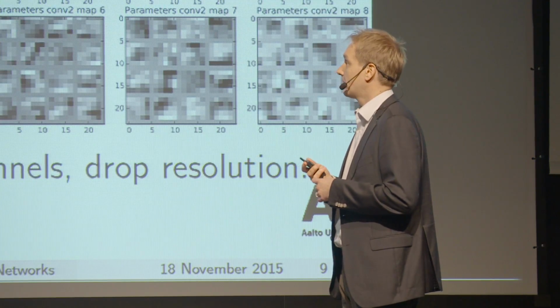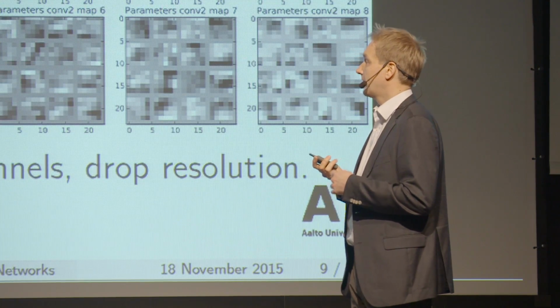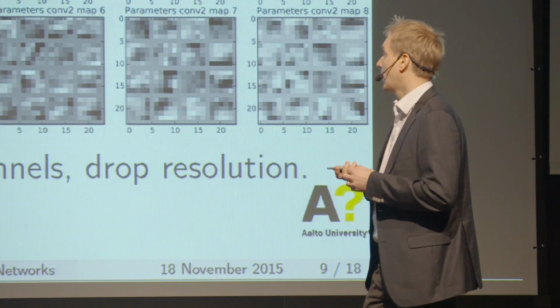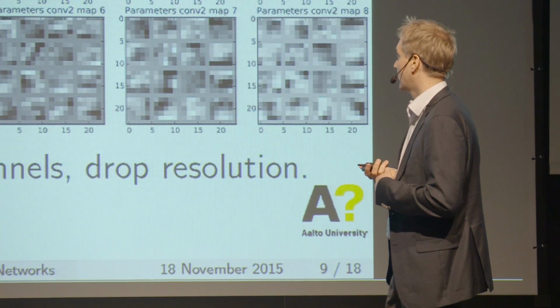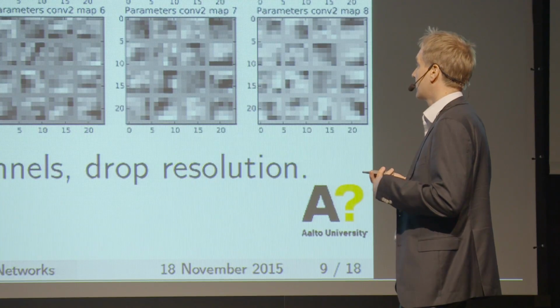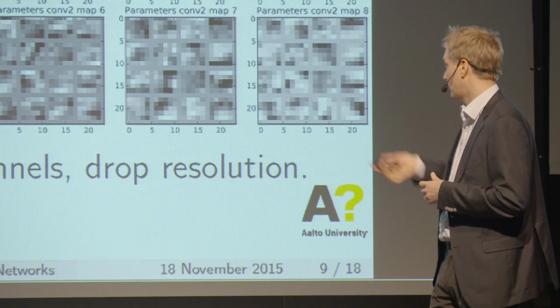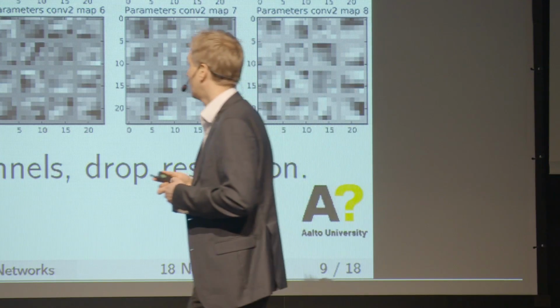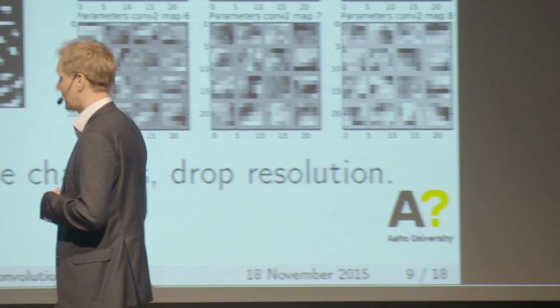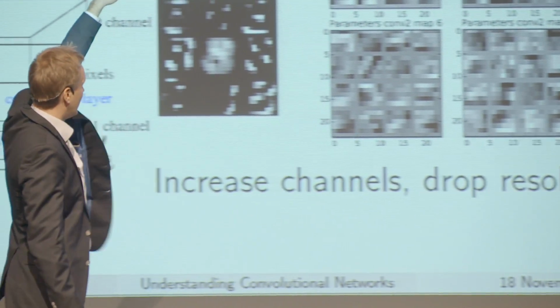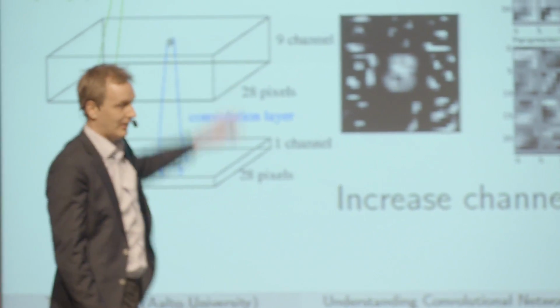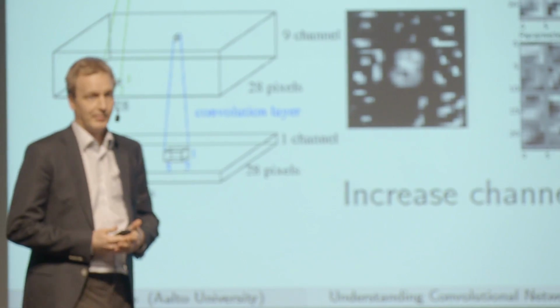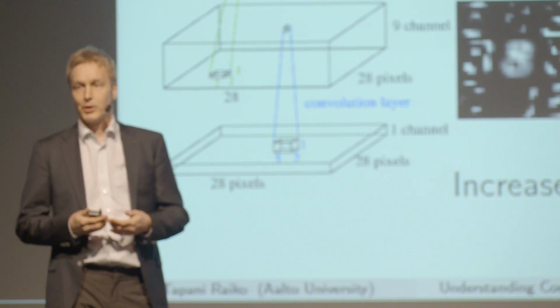And then you go further up. Next you can have another convolution layer, again increasing the number of channels, in this case from 9 channels to 16 channels. The number of filters is much larger already, and the representation, in the top middle, is starting to become more and more abstract.